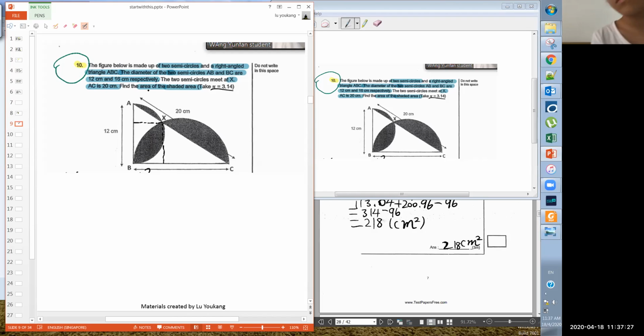Okay. Let's take a look at it together. It says the figure below is made up of two semicircles. So you have semicircle A, X, B. And BXC.